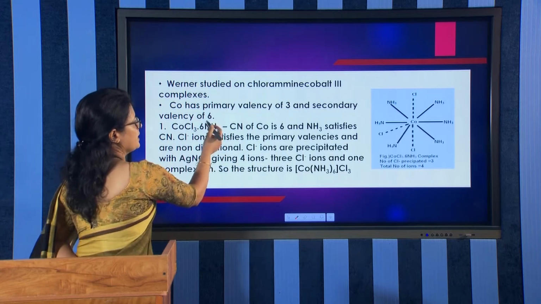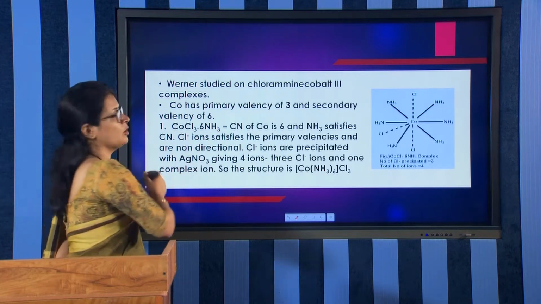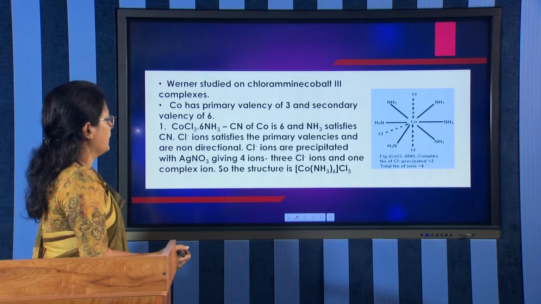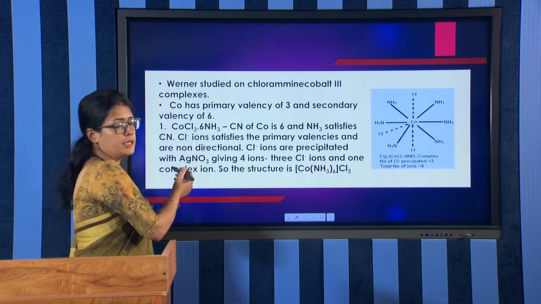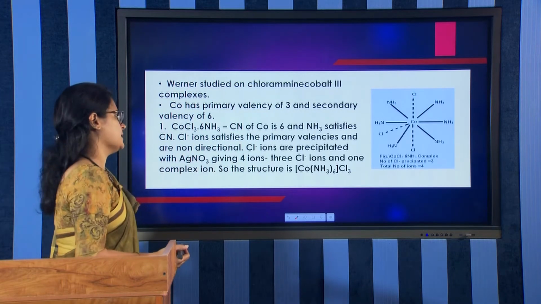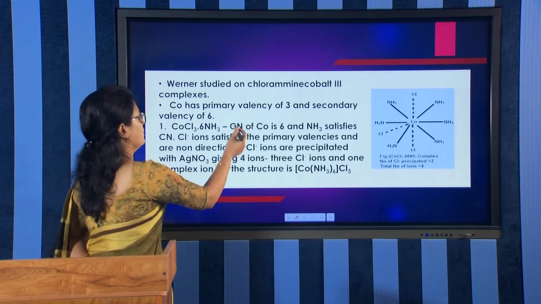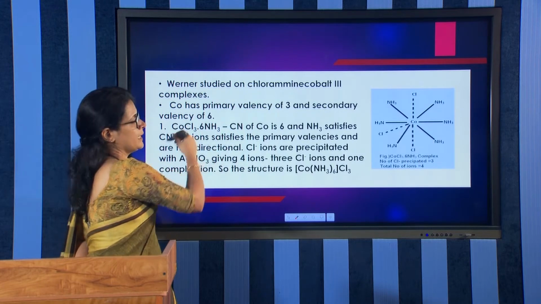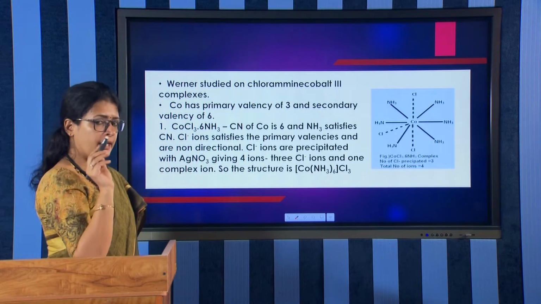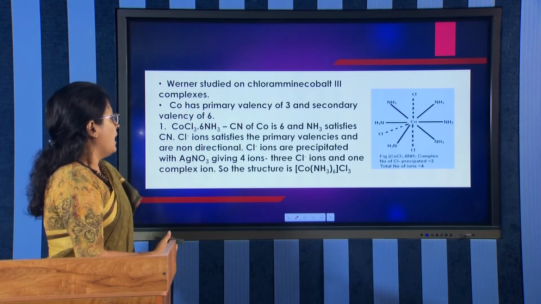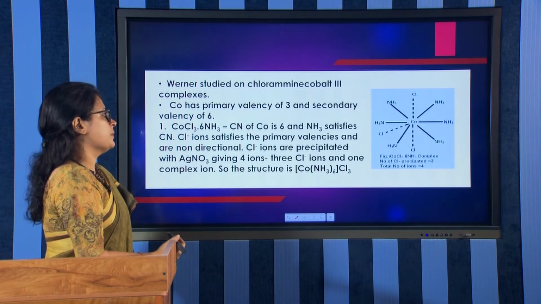These 6 ammonia molecules satisfy the coordination number of this complex, and they are directional. The chloride ions, Cl minus, satisfy the primary valency, and they are non-directional. And how many chloride ions are precipitated?